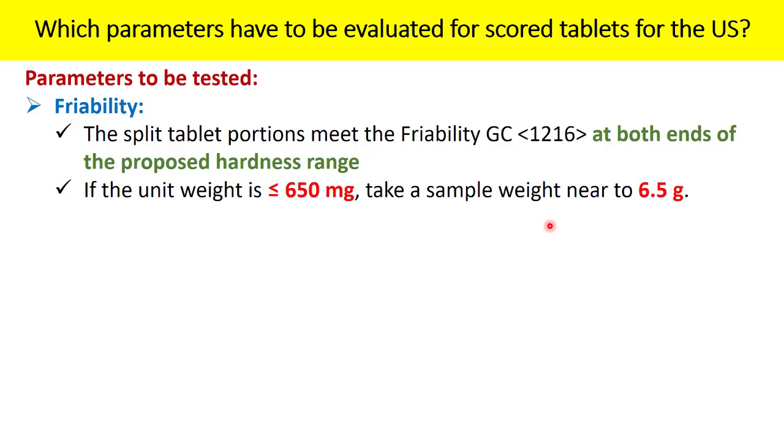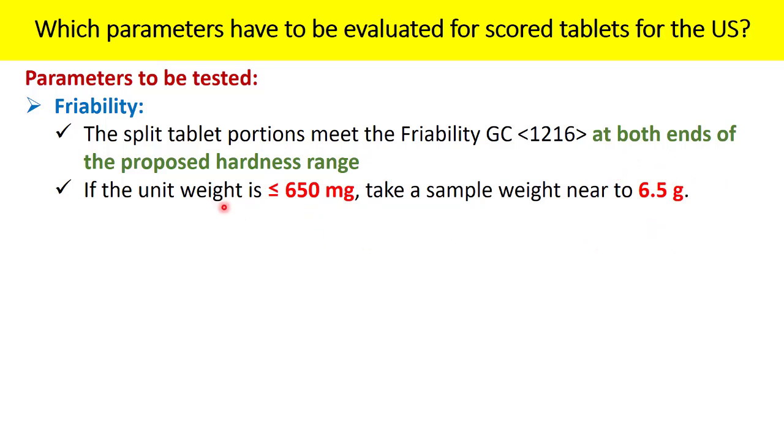If the unit weight is equal to or less than 650 milligram, take a sample weight near to 6.5 gram. Now this is just the same requirement given under the General Chapter 1216. If the unit weight is less than or equal to 650 milligram, take a sample weight near to 6.5 gram.